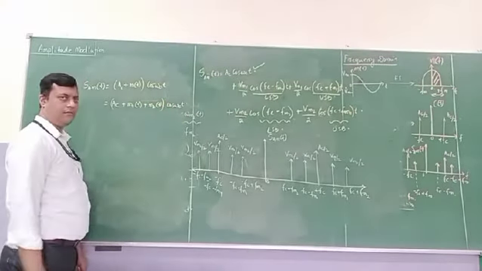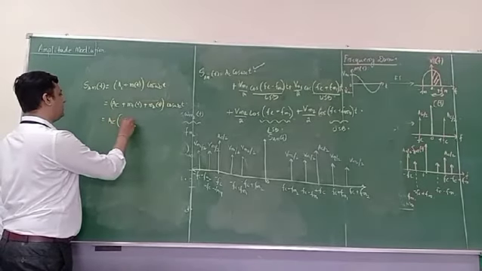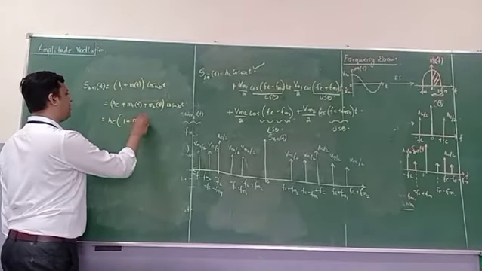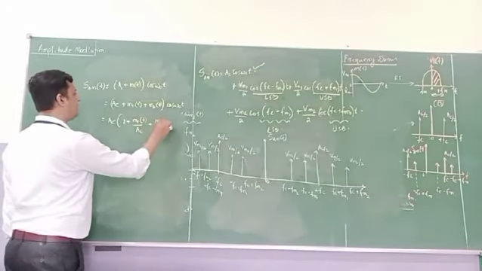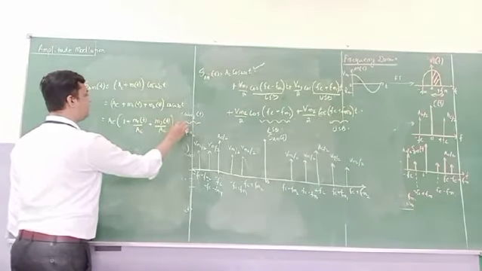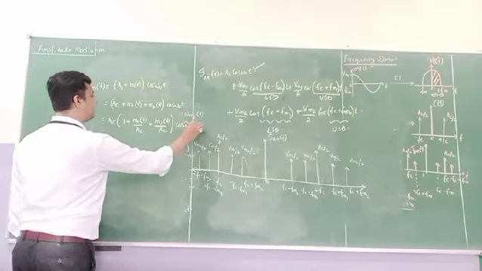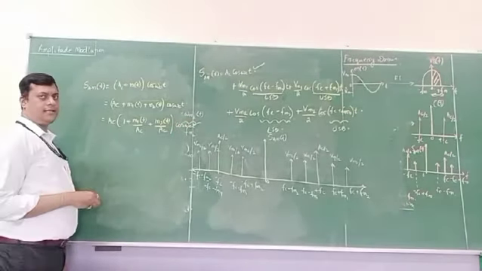Taking AC common, you will get m1 of t divided by AC plus m2 of t divided by AC, whole into cos omega ct.